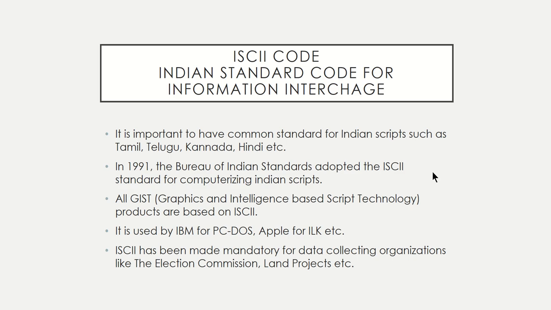The next alphanumeric code that we are going to understand is ISCII code. So what is the full form of ISCII? ISCII stands for Indian Standard Code for Information Interchange.